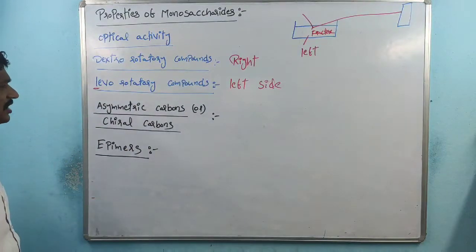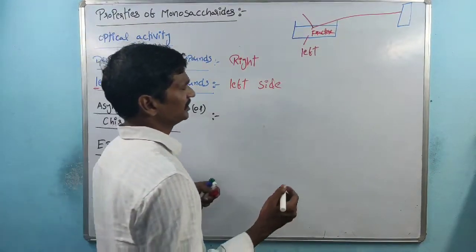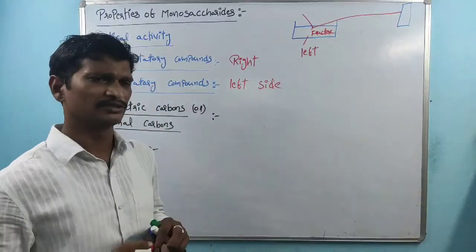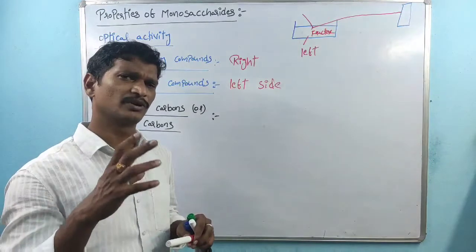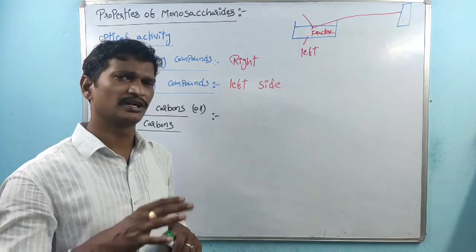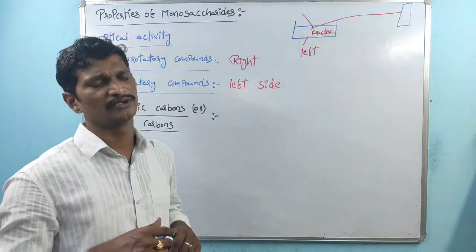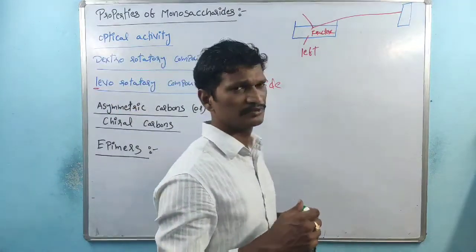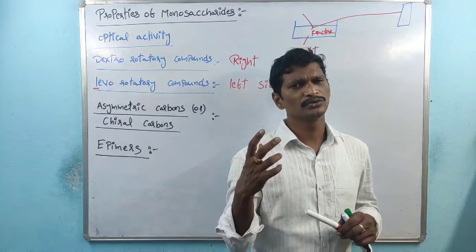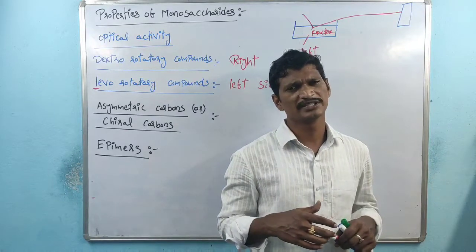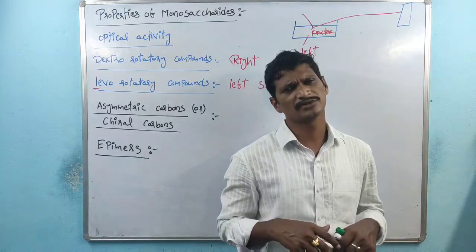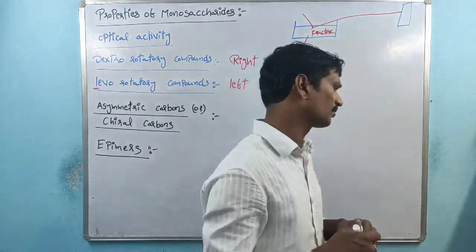And coming to the next one, the asymmetric carbons. We know the asymmetric carbon means one of the carbon atoms interacts with 4 different types of molecules. So that kind of carbons are called asymmetric carbons, which are also called chiral carbons.